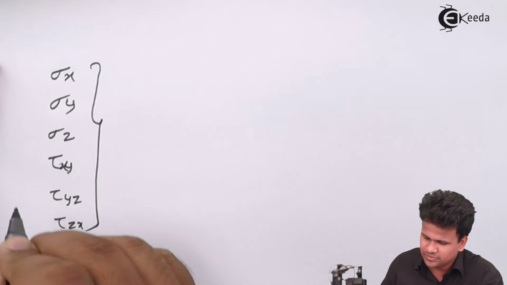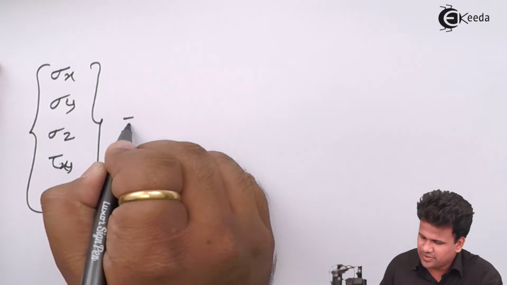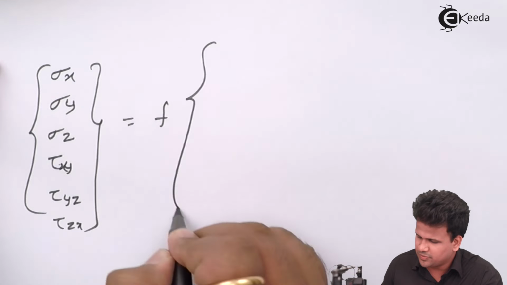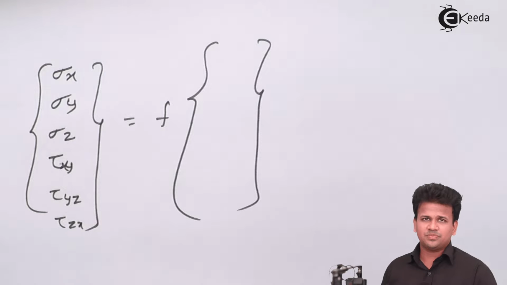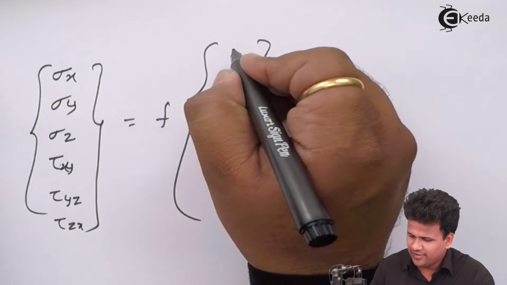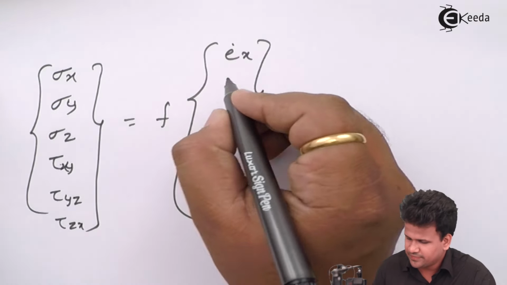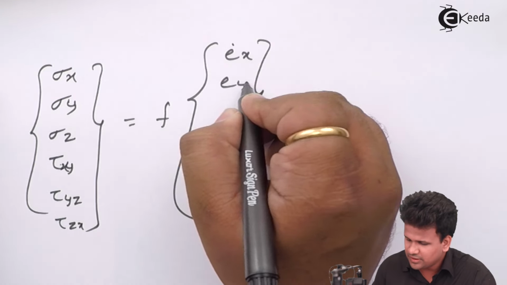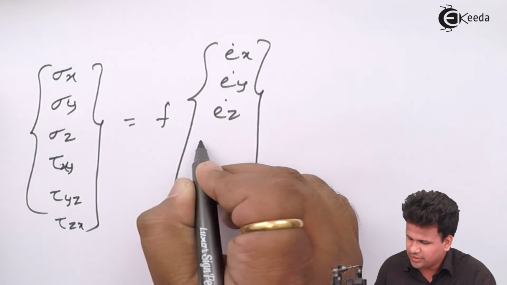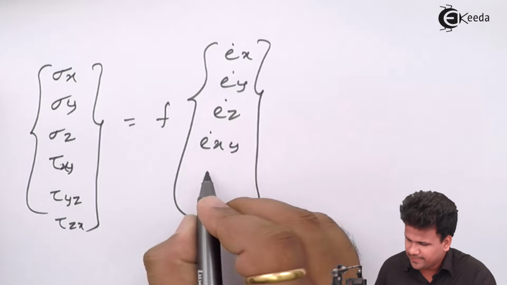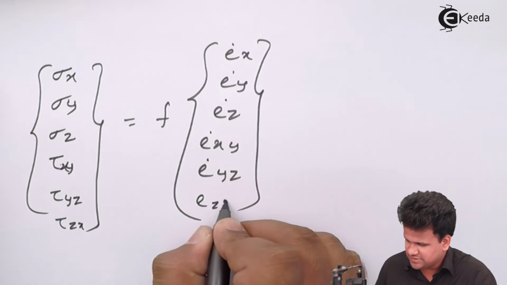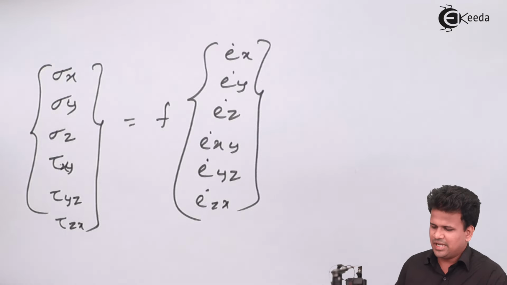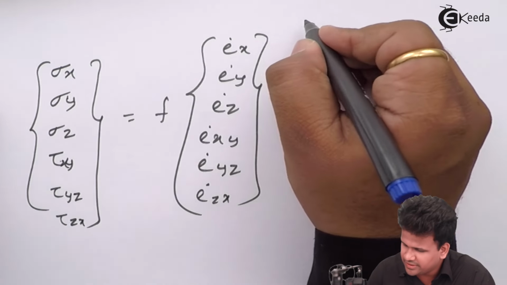These 6 terms will be functions of their corresponding strain rates, that is ex dot, ey dot, ez dot, exy, eyz and ezx. Why stress and strain rate?